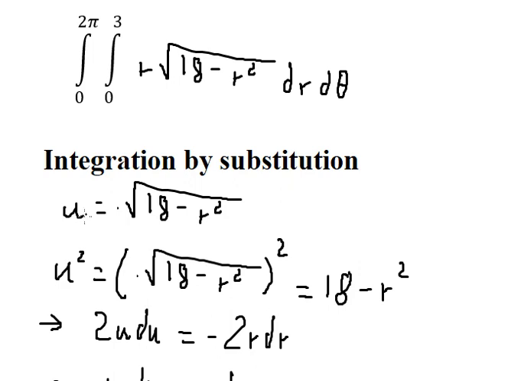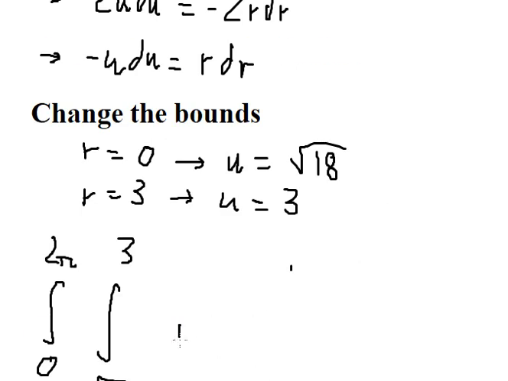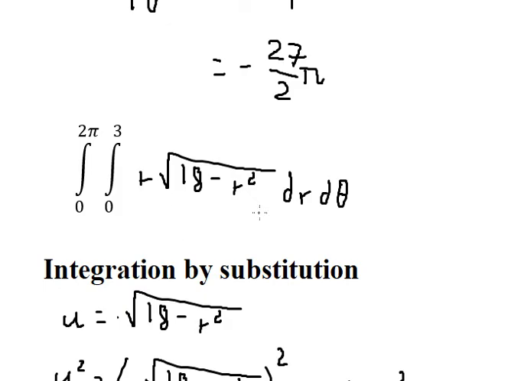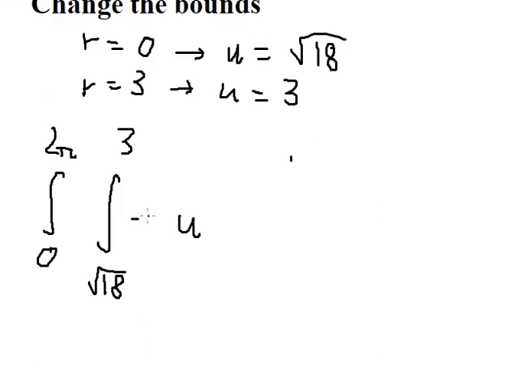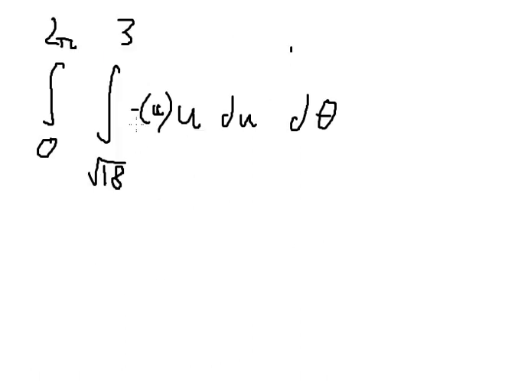The square root we change to u. r dr we change to negative u du. Now u and u, we have u squared.